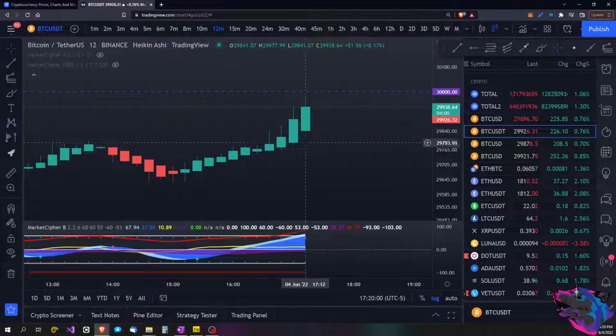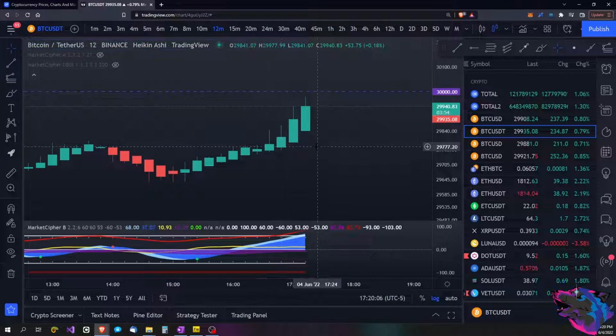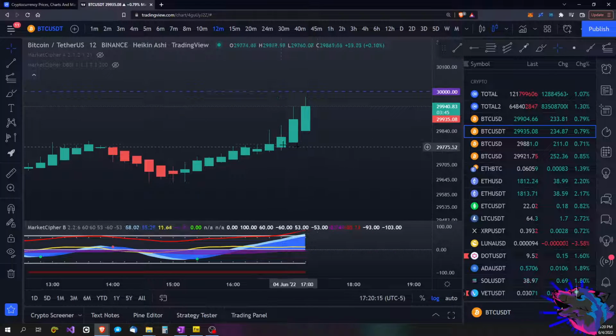So keep in mind the bottom of the body is the open, and the opens and closes are going to be those averages. So if the low ends up above that average, you're not going to get a wick.